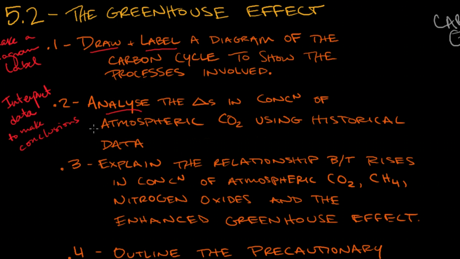So we're going to be interpreting data to make conclusions about the changes in concentration of atmospheric carbon dioxide using historical data. So it tells us what data we're going to use. I'm not going to draw it up here or throw a picture in here, but it's on page 134.